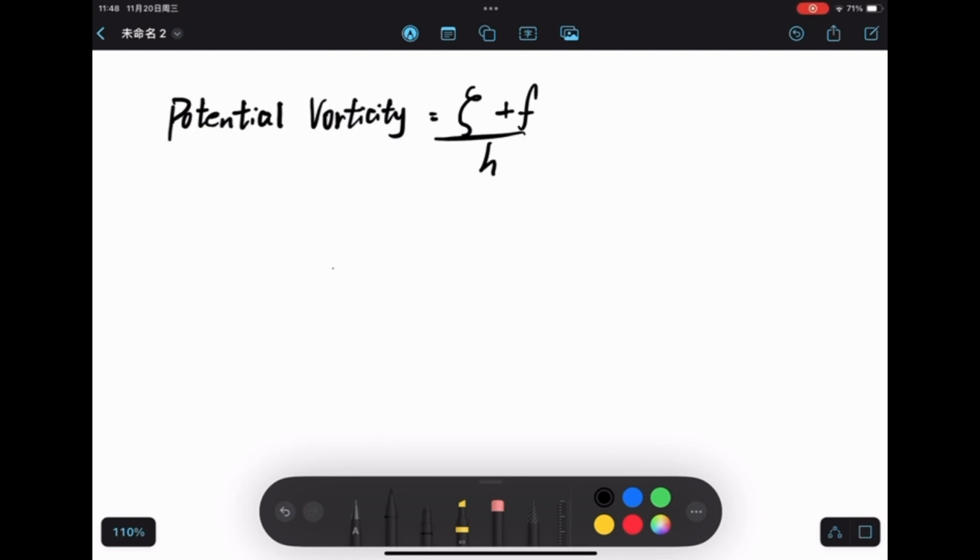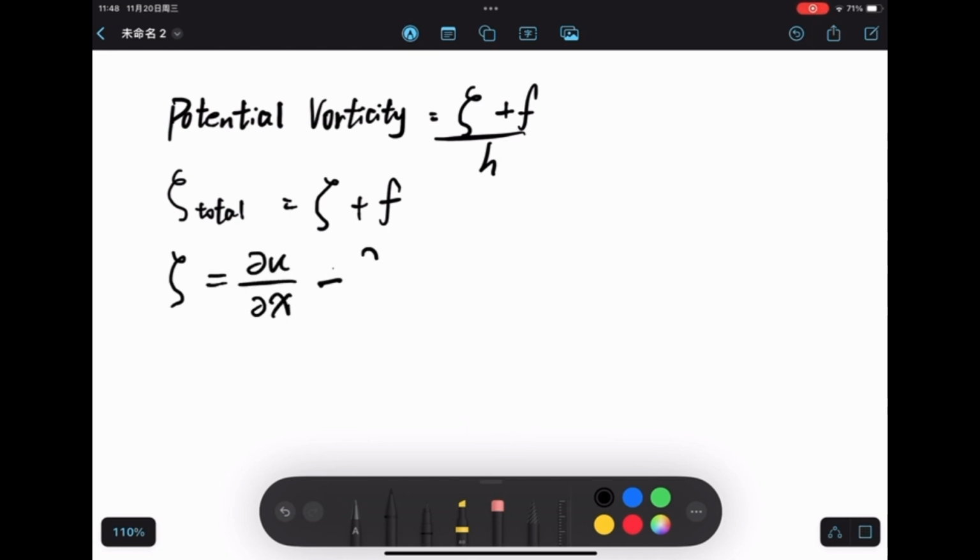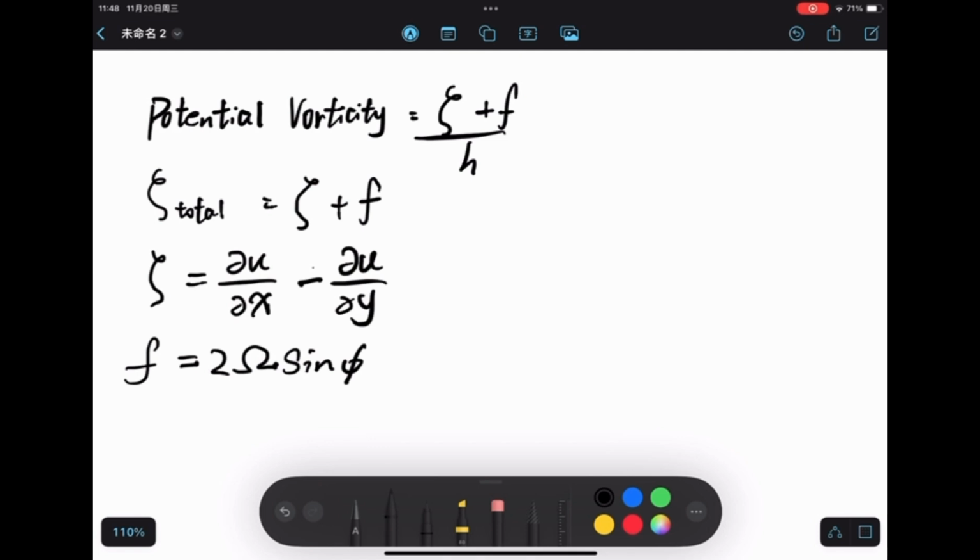The total vorticity of a fluid element is the sum of zeta and f, where zeta is equal to this one, and f is equal to 2 Omega sine phi, where phi is the latitude and Omega is the Earth's rotational speed.